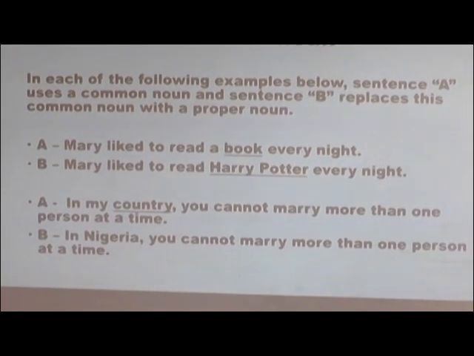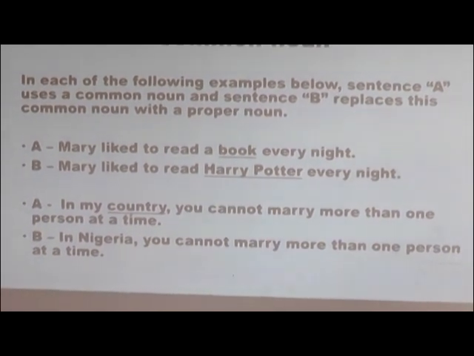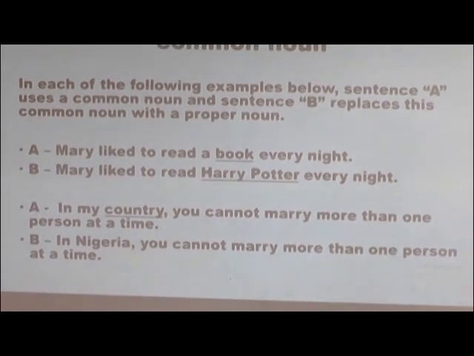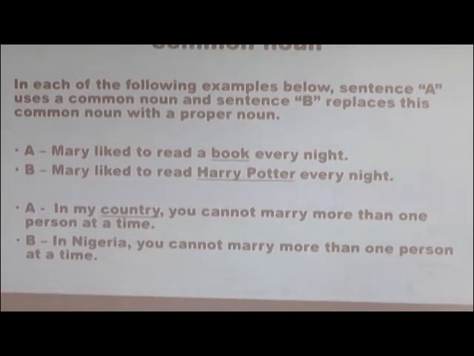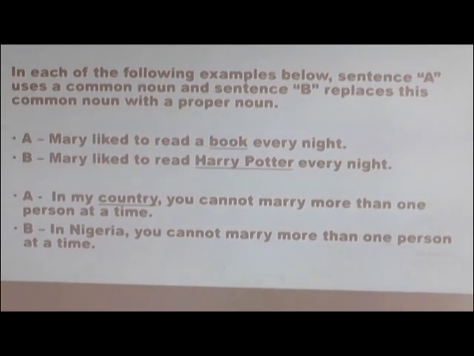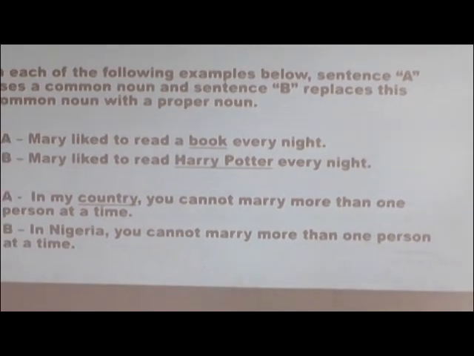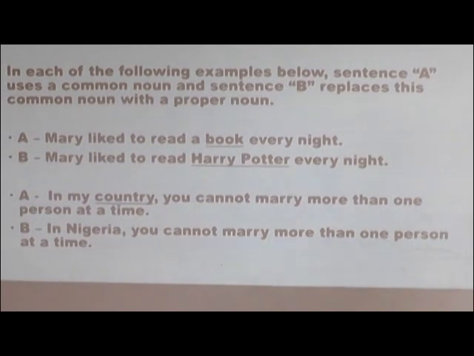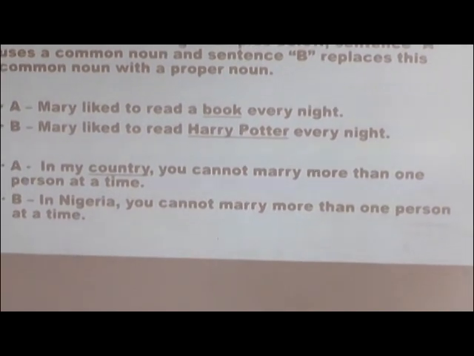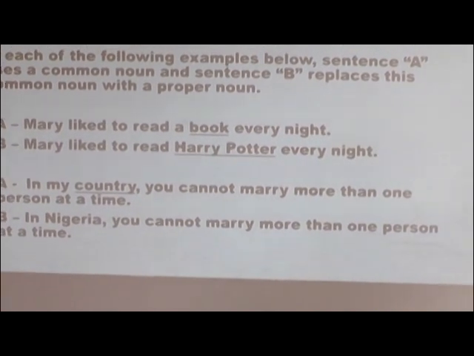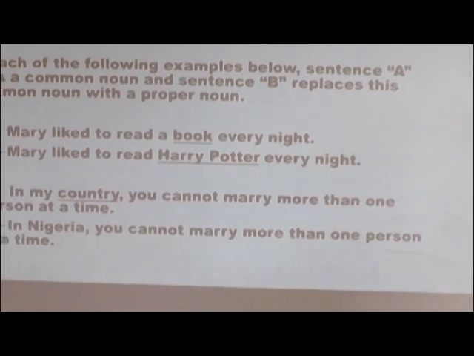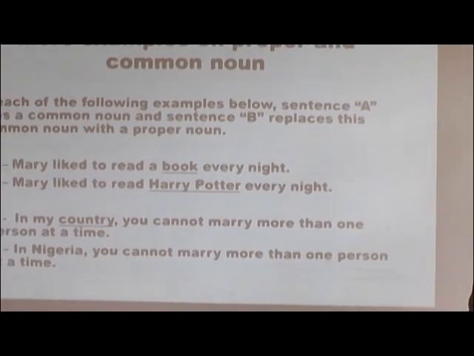But sentence B says, Mary likes to read Harry Potter every night. You can see that sentence B has helped to specify the name of what? Of the book. Therefore, in sentence A, book there is what? A common noun. While in sentence B, Harry Potter is a proper noun.